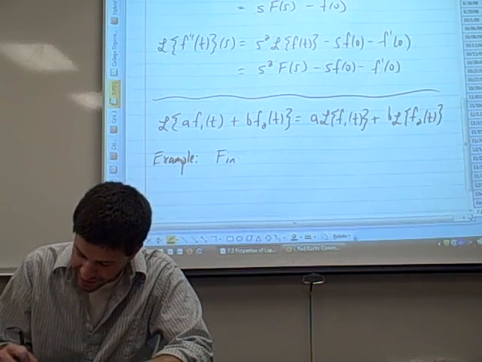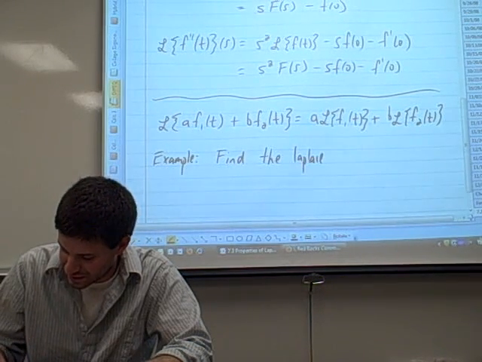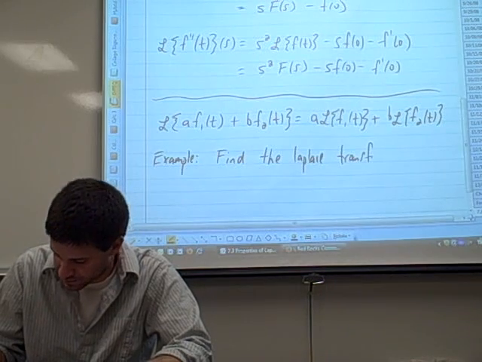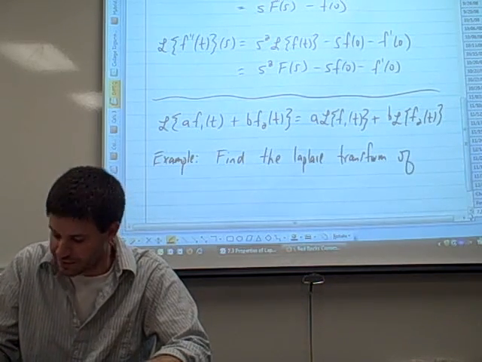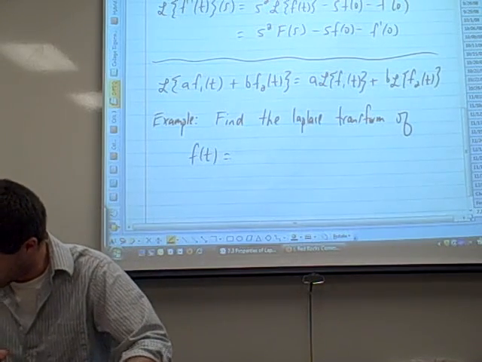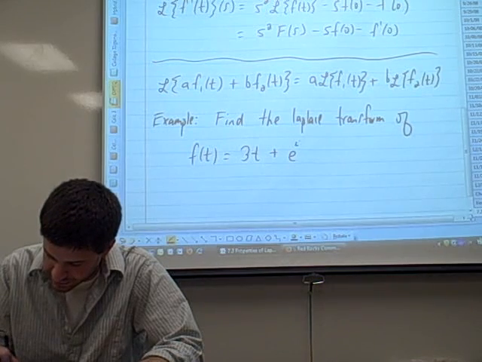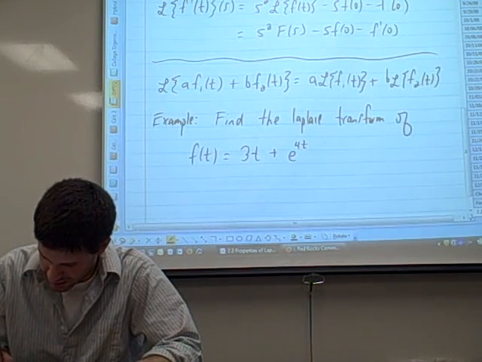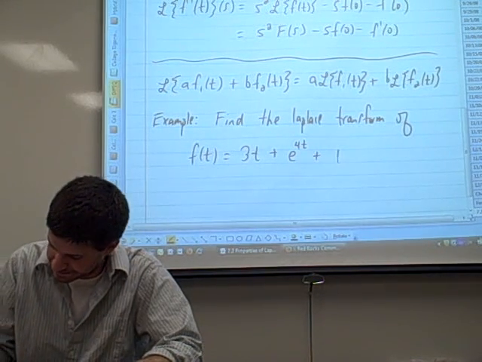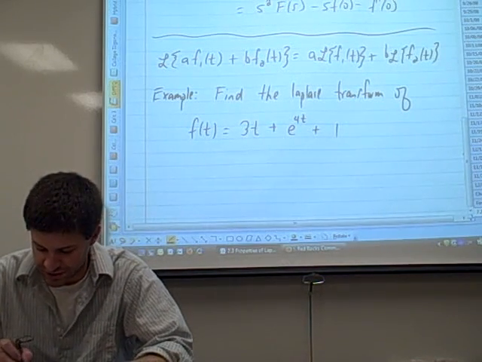What if we want to find the Laplace transform of this function right here? Let's say 3t plus e to the 4t plus 1. Now, we know how to find the Laplace transform of t.